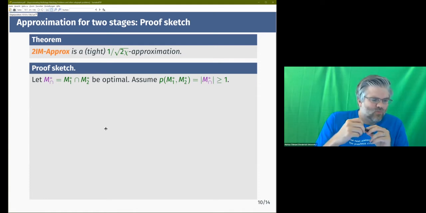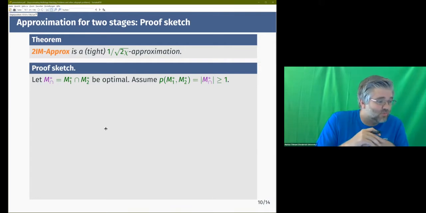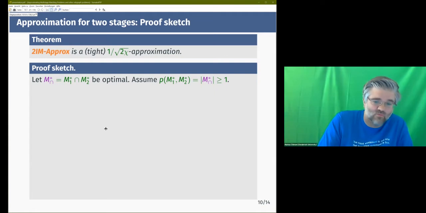Well, assume you have the optimal matching in the first and the second stage, which yields the largest possible common matching edges, M star cap. And we can assume that this includes at least one edge, otherwise every algorithm will yield the zero solution.